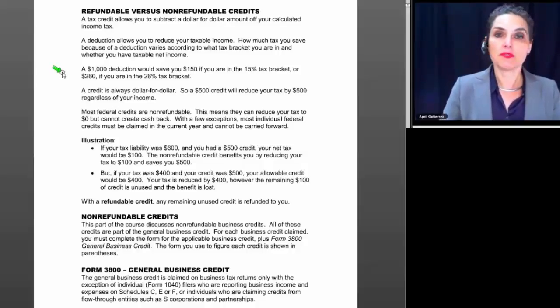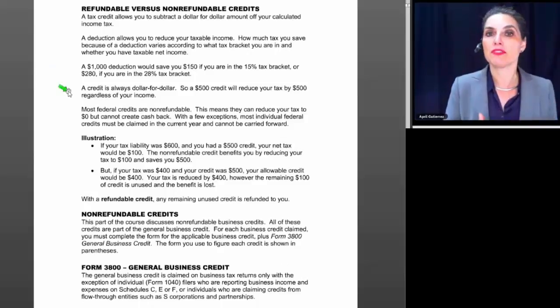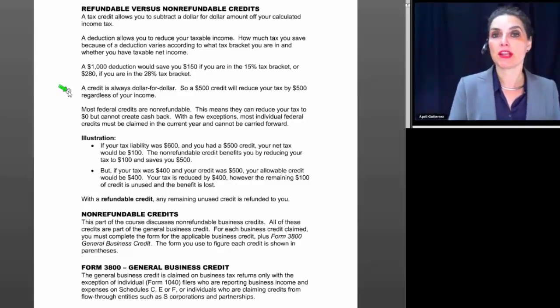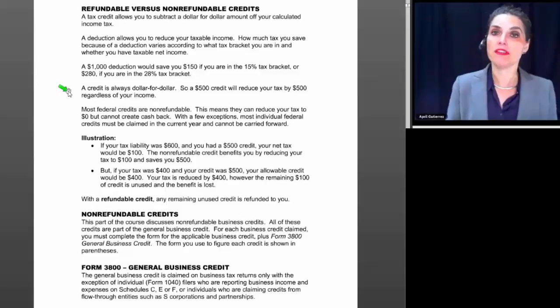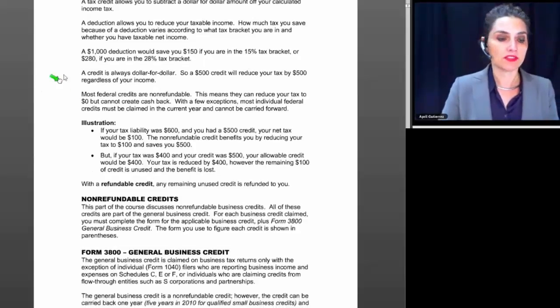Looking strictly at how deductions versus credits work, a deduction of $1,000 can save you $150 if you were in the 15% tax bracket, but it would save you $280 if you were in the 28% tax bracket. So how much deductions benefit you can depend on the income tax bracket you are in, and the higher the bracket, typically the more a deduction will save you. But a credit is always dollar for dollar.